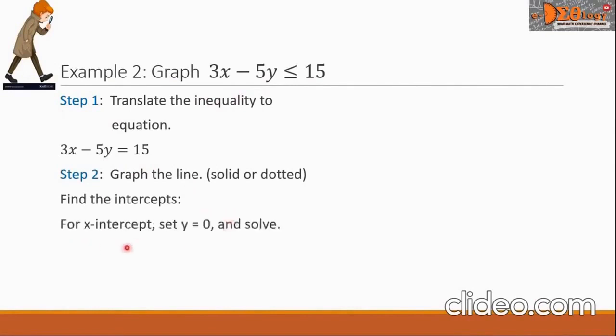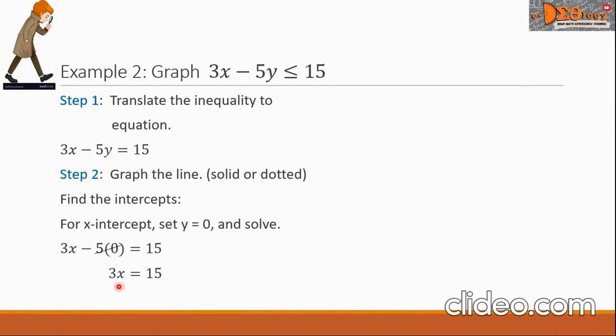For the x-intercept, we set y equals 0 and solve. So the equation now becomes 3x minus 5 times y, and the y becomes 0, equals 15. We can simply cancel this 5 times 0, and only 3x equals 15 comes down on the next line.